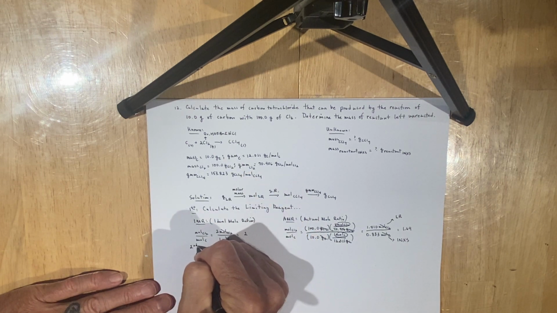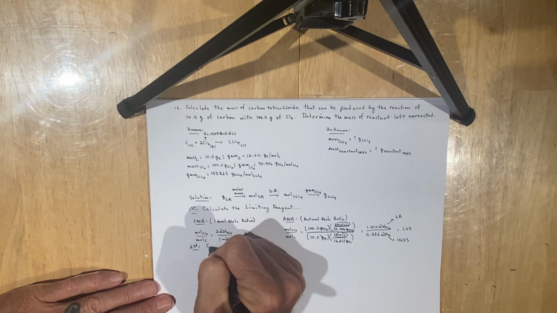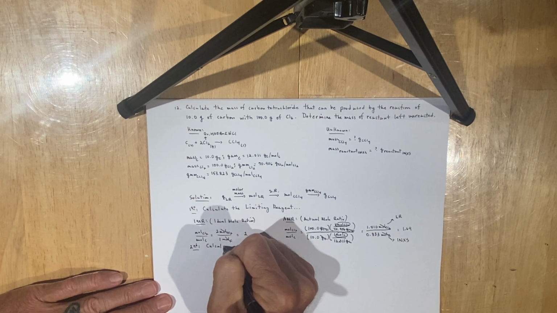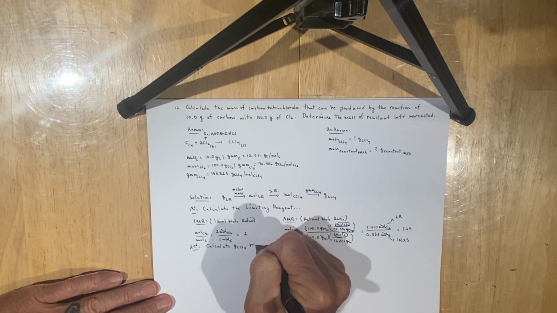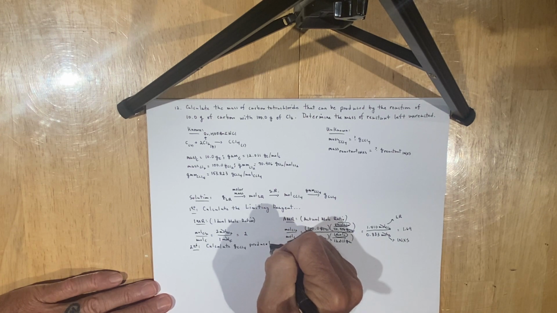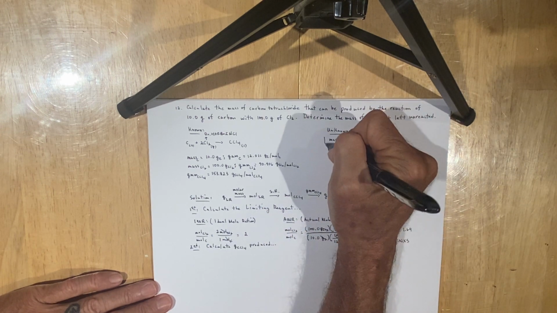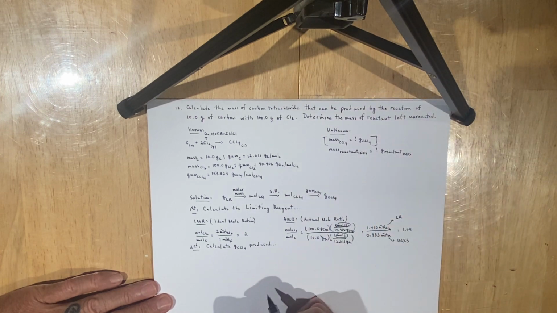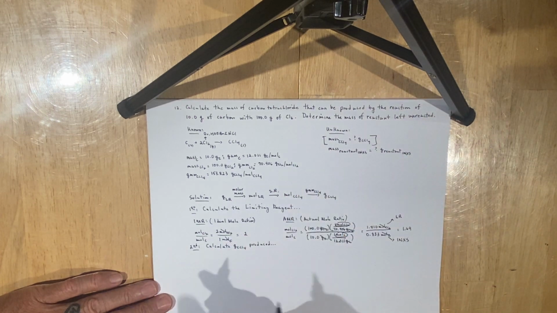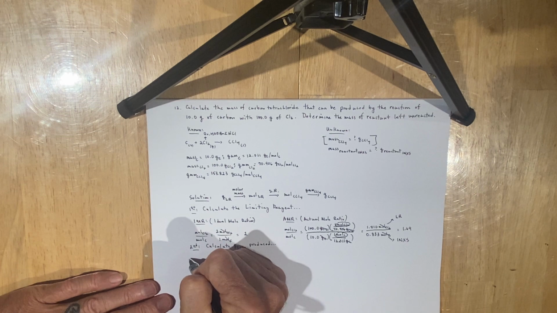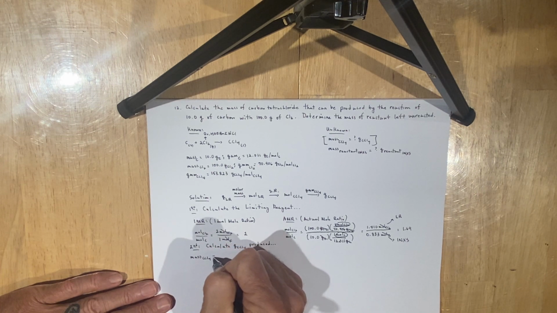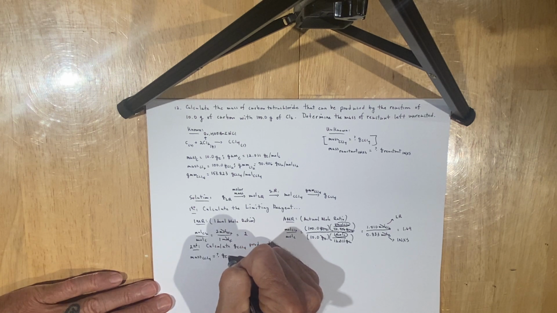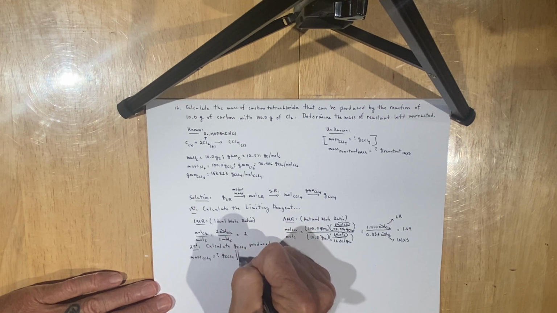So the second task is to calculate the grams of CCl4 produced in the product. And to do that, we're going to use our unknown section again and paste this statement into our solution, because we're looking for the mass of carbon tetrachloride in units of grams of carbon tetrachloride.